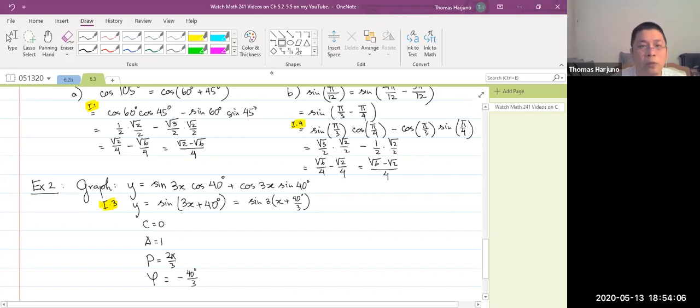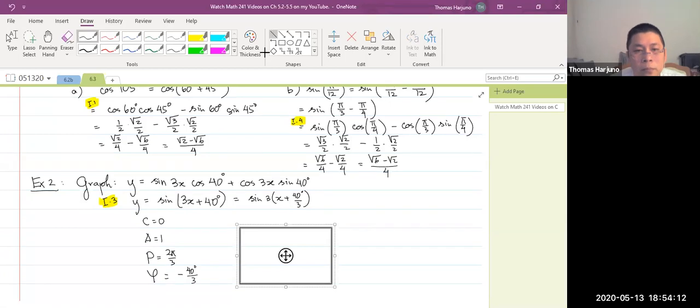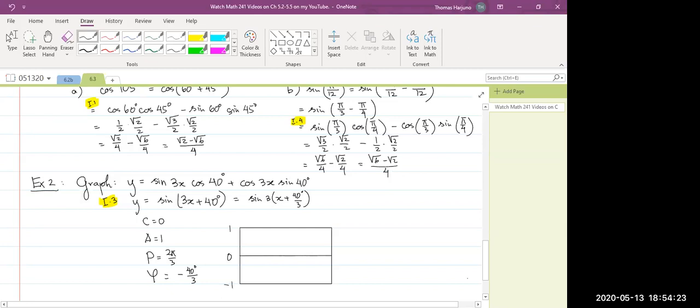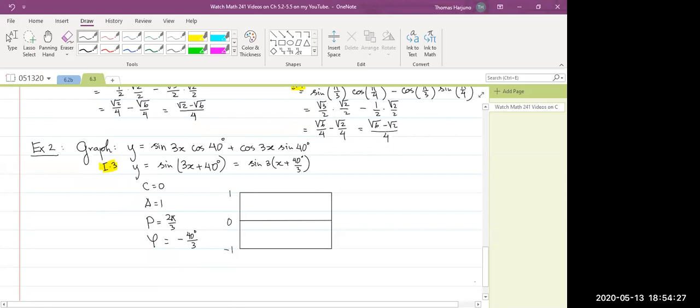Now then, if you remember our 2 by 4 table, the center is 0, the maximum is 1, the minimum is negative 1. If the period is 2 pi over 3, wouldn't you just convert the phase shift into radians?